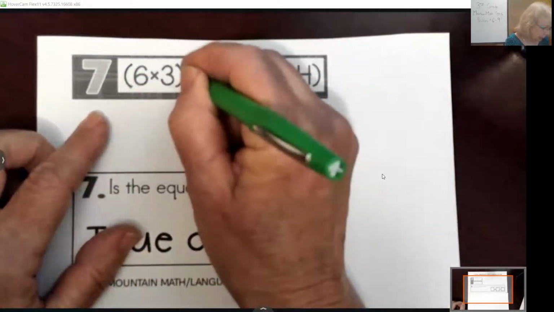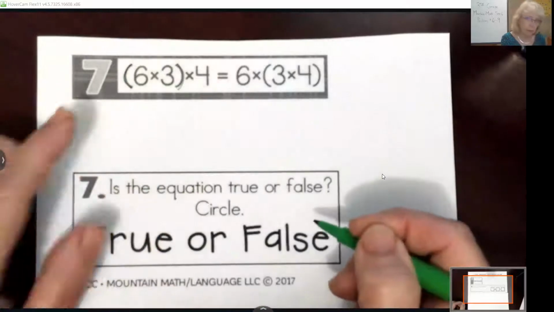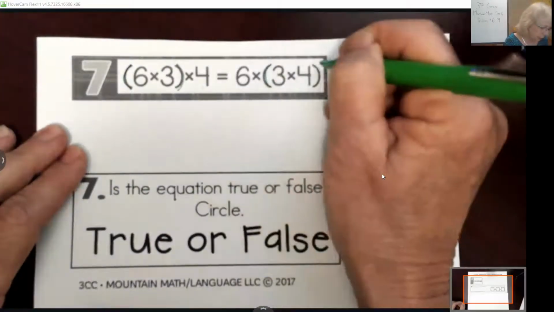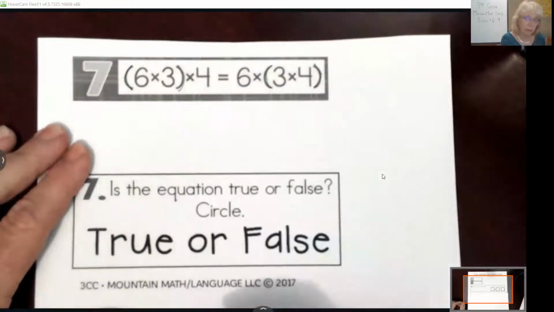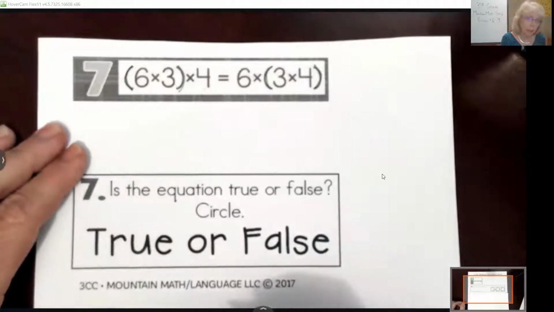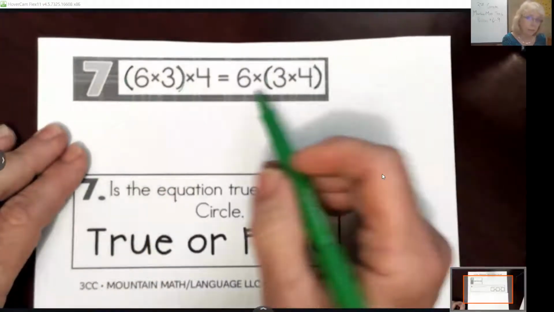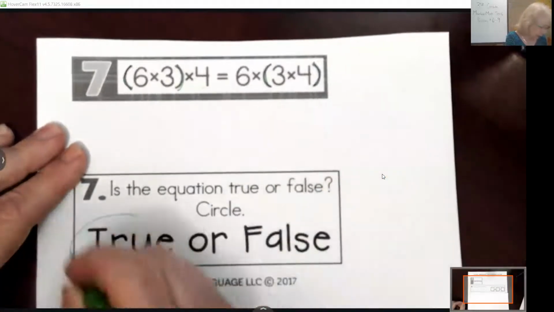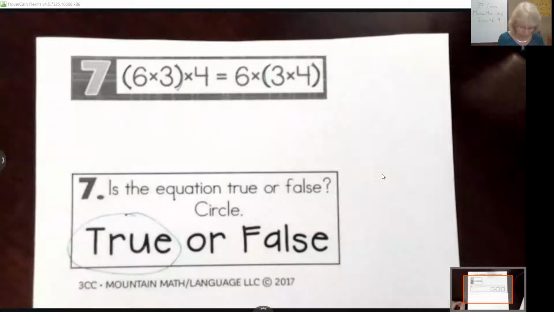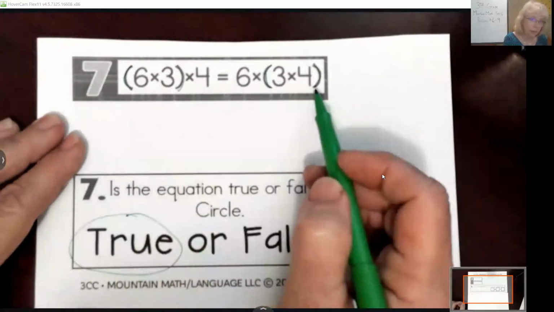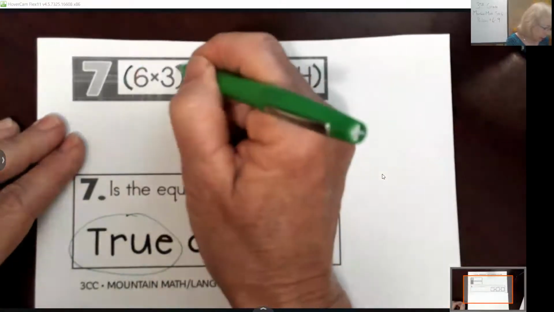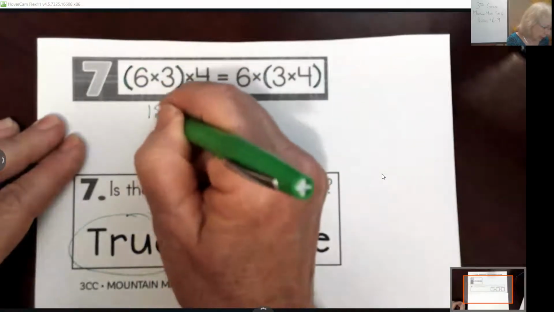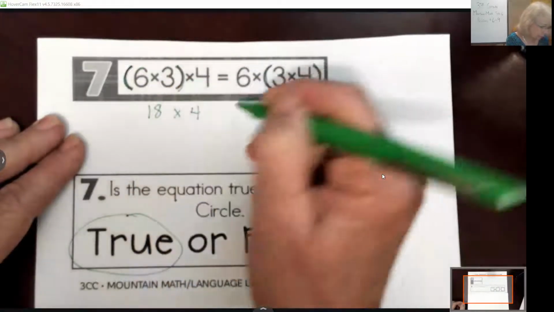When on this side, we group these 2 numbers first, and on this side, we group these 2 numbers first, but we are going to come up with the same answer, whichever 2 numbers we do first. So this is true. And if you wanted to double check yourself, you could just solve it by saying 6 times 3 is 18 times 4.